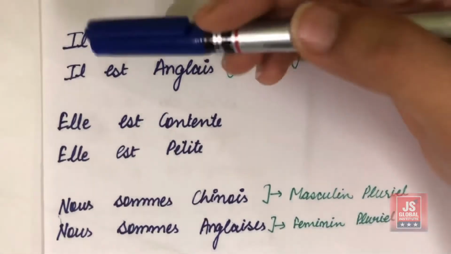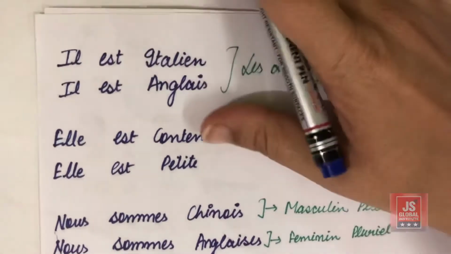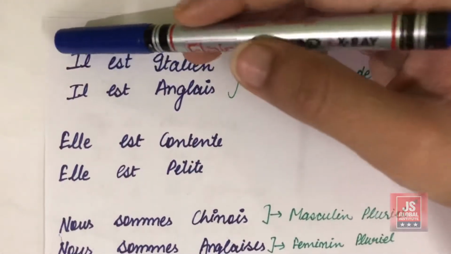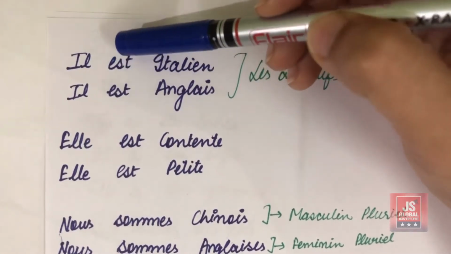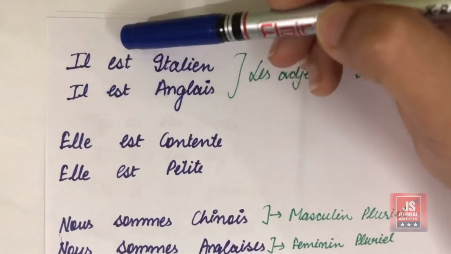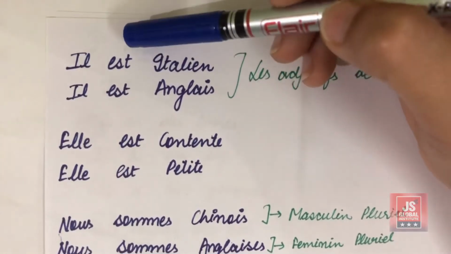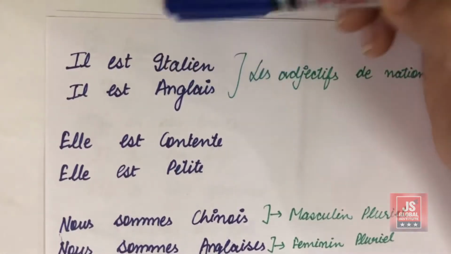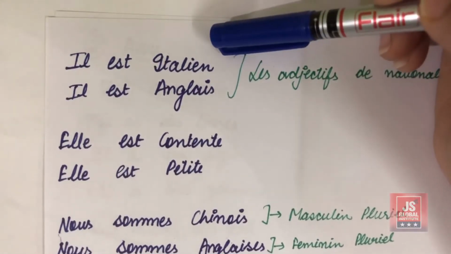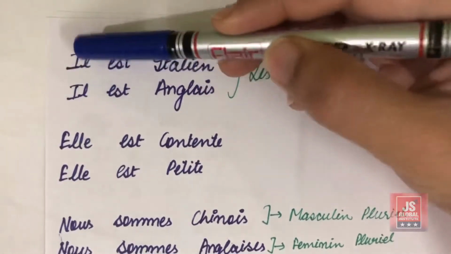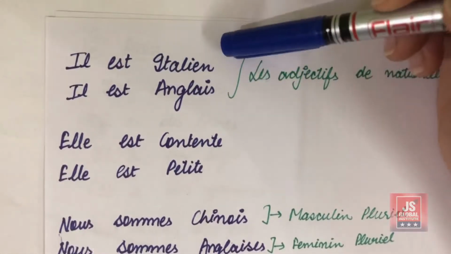Okay, after tu there comes il. Il means basically the same as that in English, which means he. Okay, so with il the respective conjugation of être is est, which means he is. Il est, and this is nationality italien, which means he is Italian. Okay, that is subject plus verb plus object. Il est italien.